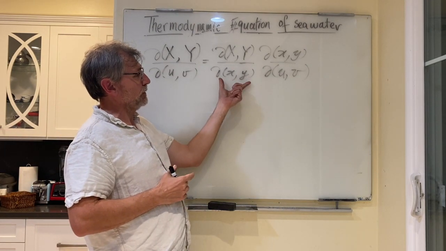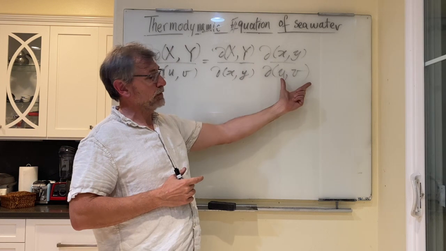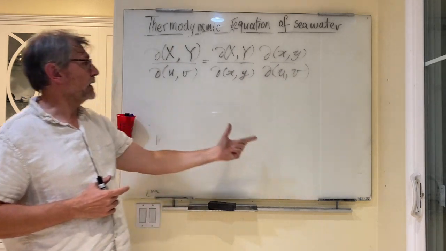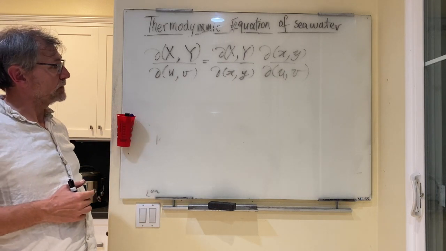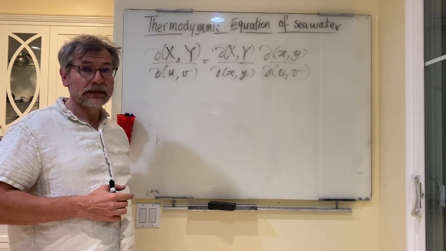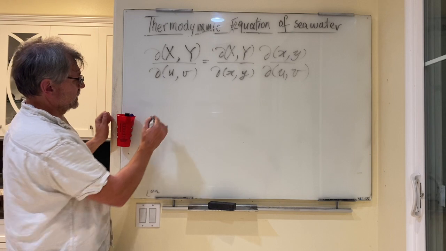This is the determinant of the first matrix. This is the determinant of the second matrix. And here I get the determinant of the change from X, Y to u, v. And so that's a useful identity.